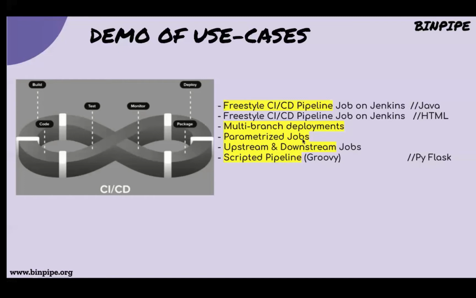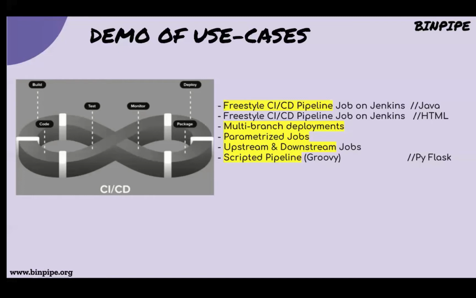will try out this parameterized pipeline, and there is another thing called upstream and downstream jobs. So we'll try to cover that. Multi-branch will be left for the next session, because that is again a vast topic in itself. Next session we'll be doing multi-branch, adding the quality gates, test cases, and alerts.